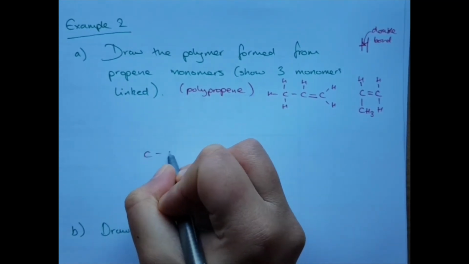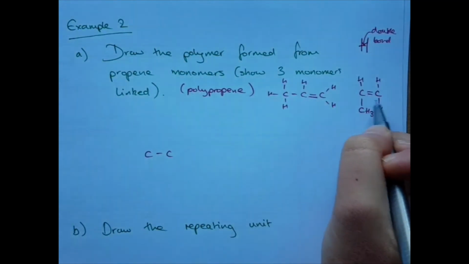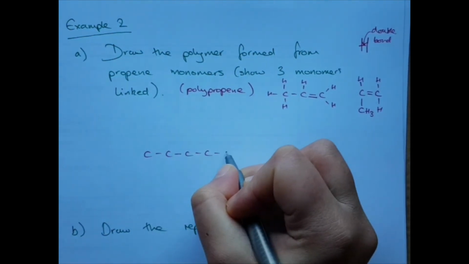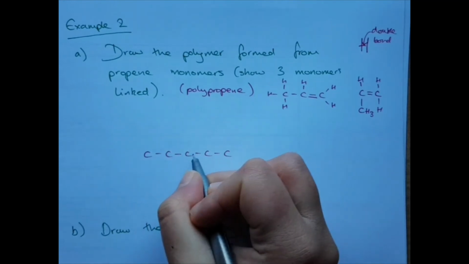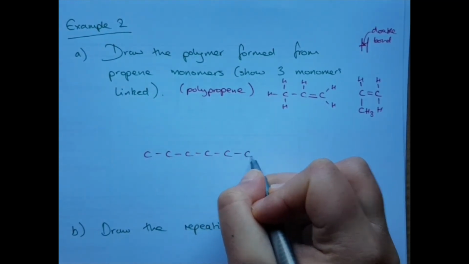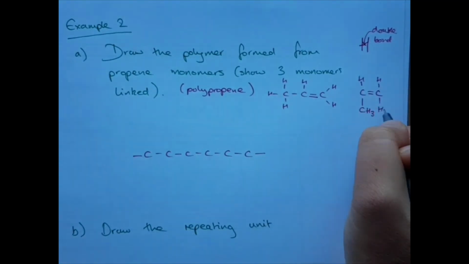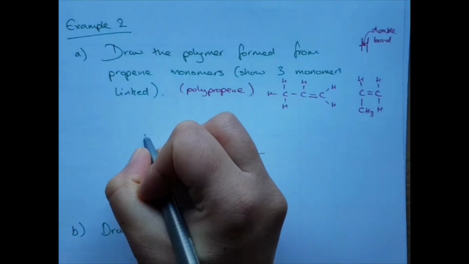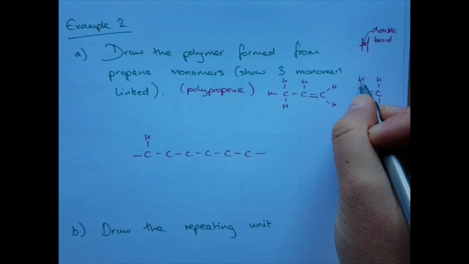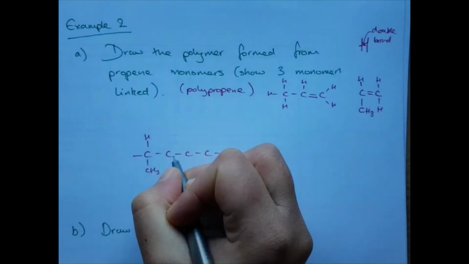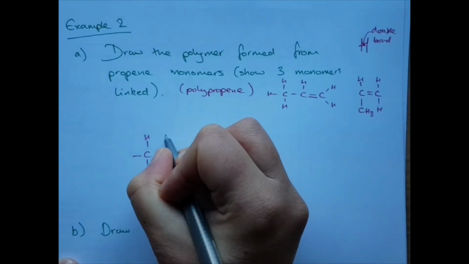So to draw three lots of this linked together, I'm just going to have six carbons in a chain: 1, 2, 3, 4, 5, 6. I'm going to have my free bonds at either end, and then I'm just going to add in my substituents. On the left hand carbon, I've got a hydrogen and a CH3. And then on the right hand carbon, I've just got two hydrogens.